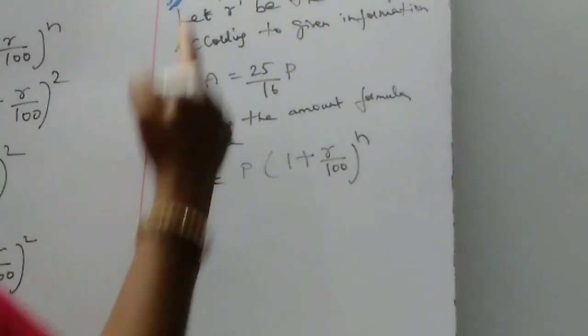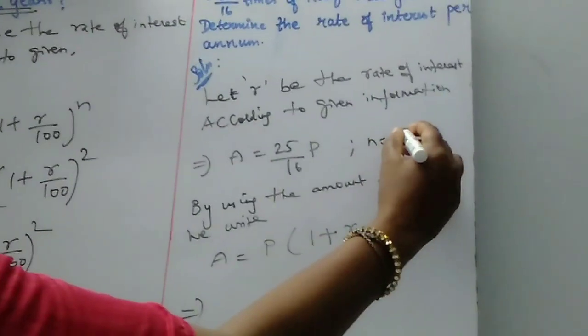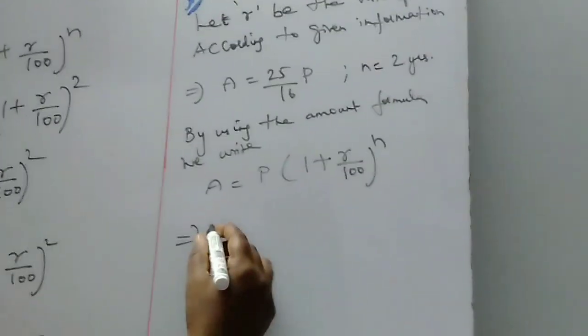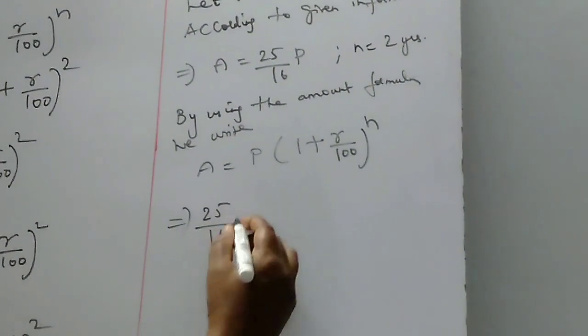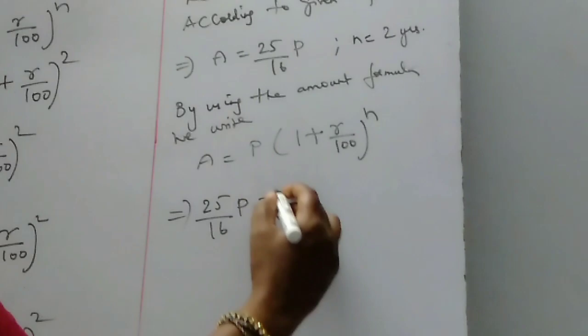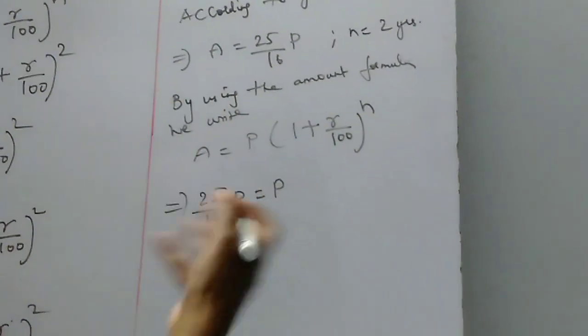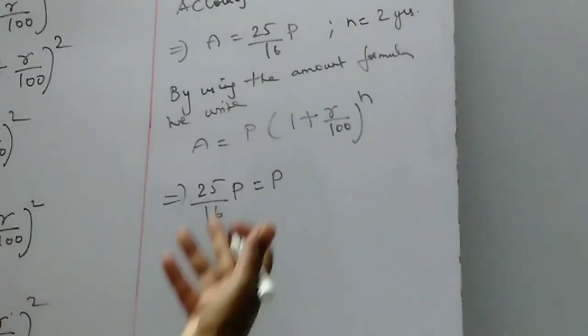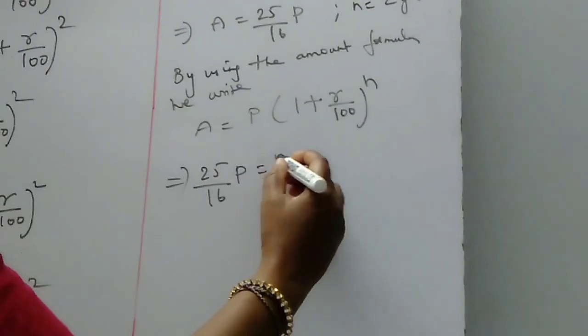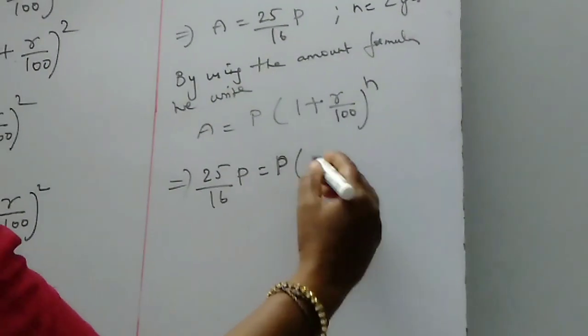N here is 2 years. So the amount is 25 by 16 P. We don't know P, so we are keeping P as it is.